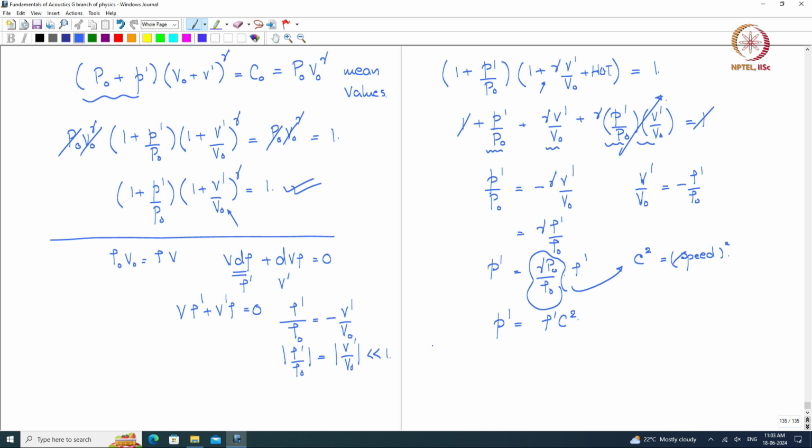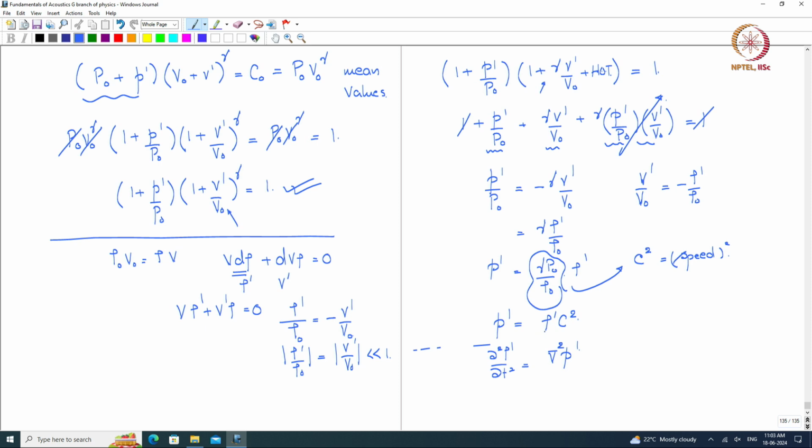And if you recall, we left off at del 2 rho dash by del t square is equal to del square of P dash. This is where we left off in our wave equation derivation.